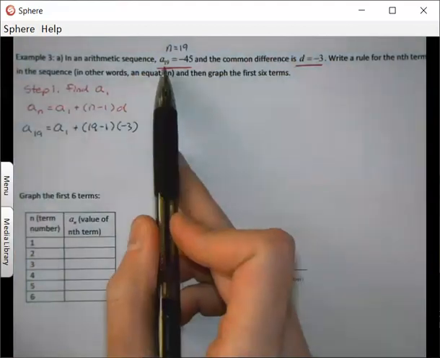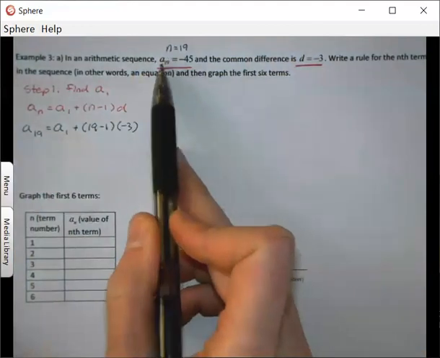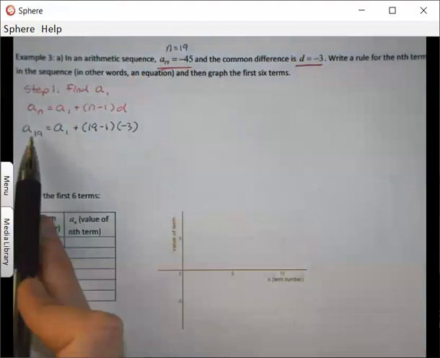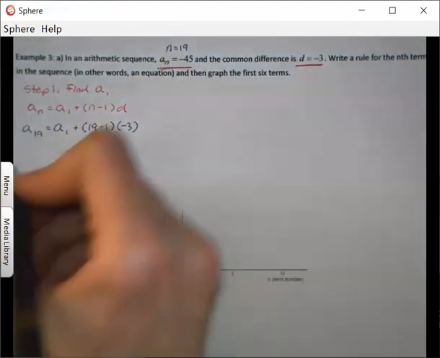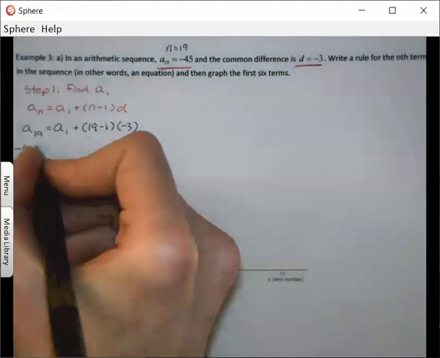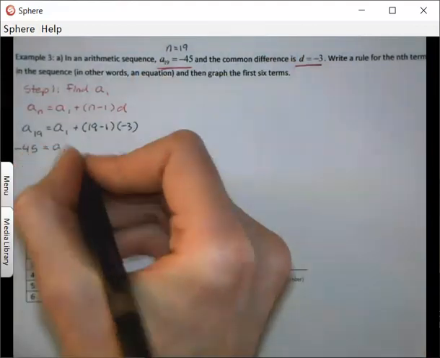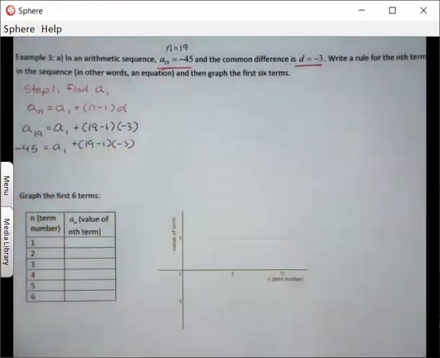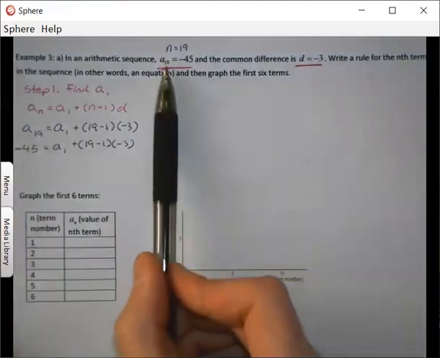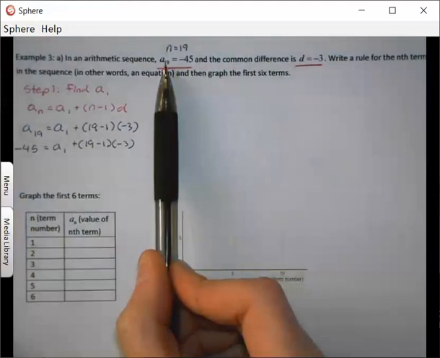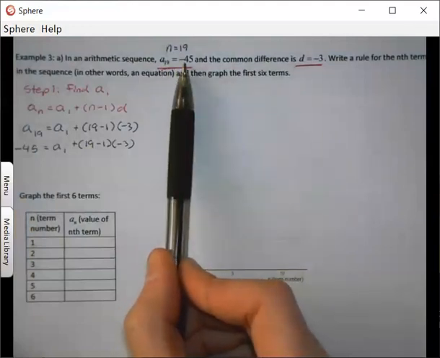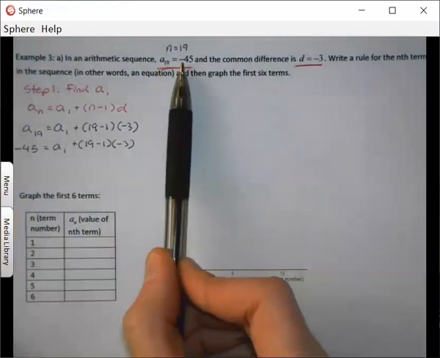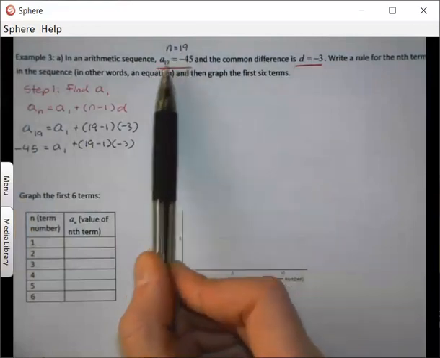Now a sub 19 also tells us that the 19th term is negative 45. So I can say a sub 19 is minus 45. And that's equal to the first term plus 19 minus 1 times minus 3. So again, a sub 19 is negative 45. So the 19th term is negative 45, and our n is 19.